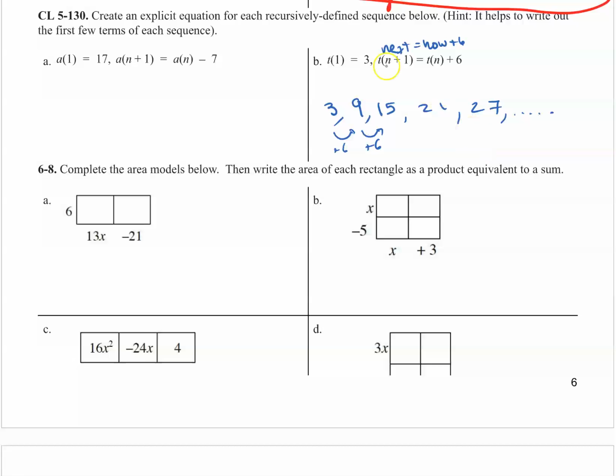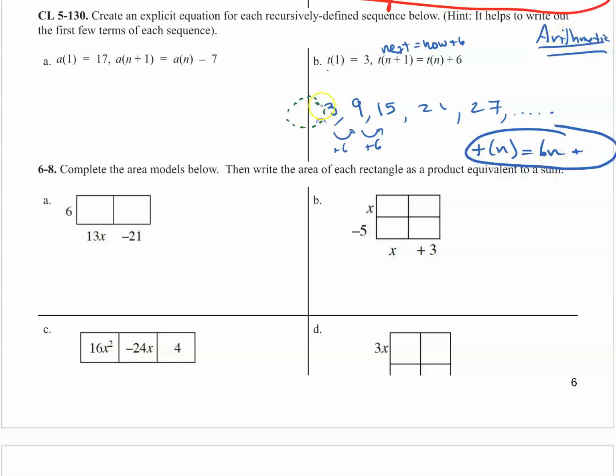So right away, this is T of n equals 6n. This is arithmetic. So I'll use the arithmetic equation. Now I need to find what is this 0 term. What number would go here so that when I add 6 to it, I get 3?